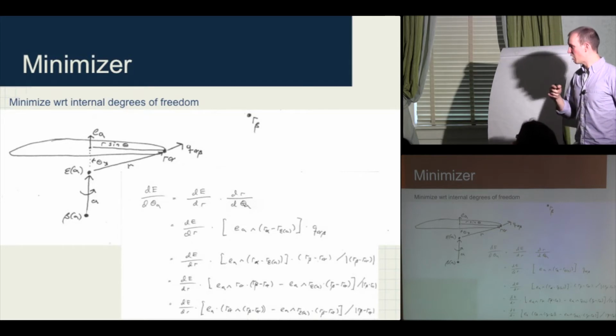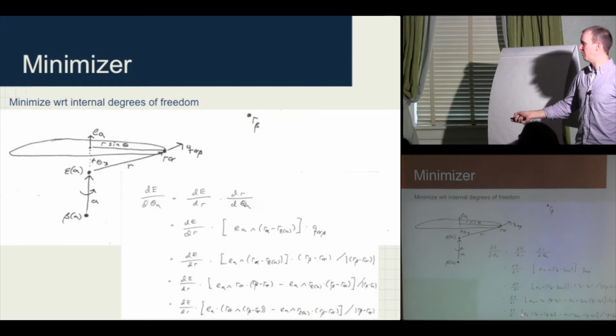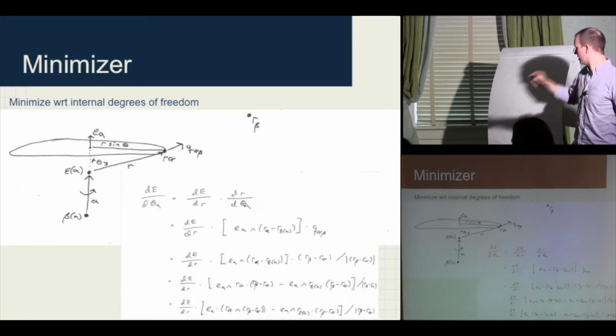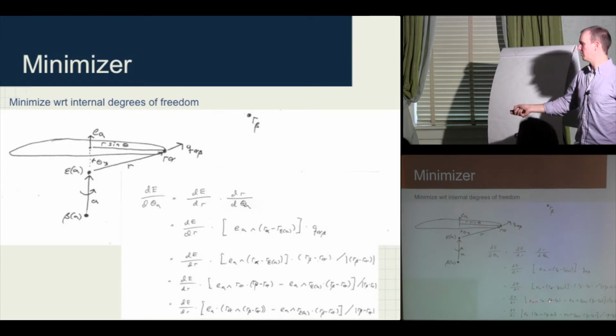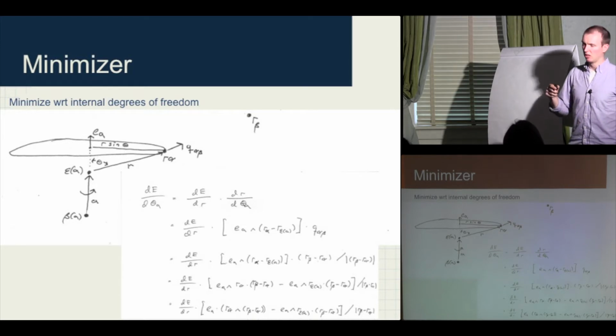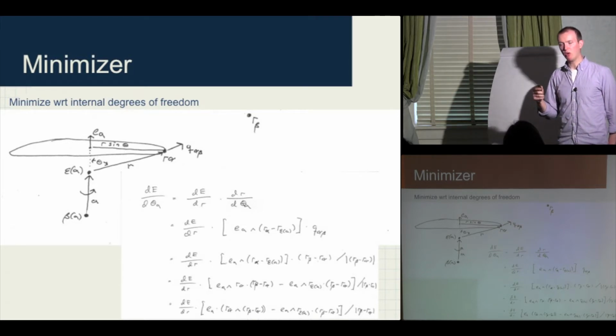And then down at the very bottom of the slide, we've got now, let's see what happened here. We distributed. This is the best step here, which is that we've got this vector, I believe the name is the vector triple product.